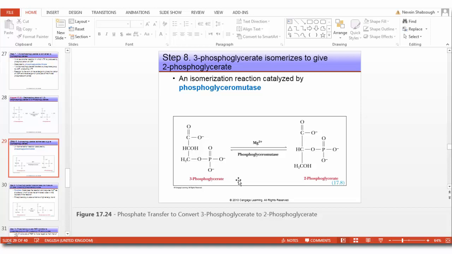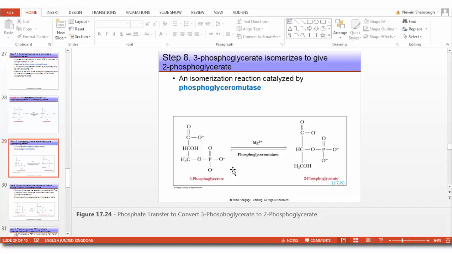A simple isomerization reaction. It is called a mutase rather than an isomerase because it transfers a phosphate group, not as we saw in the conversion of glucose to fructose, which required an isomerase.